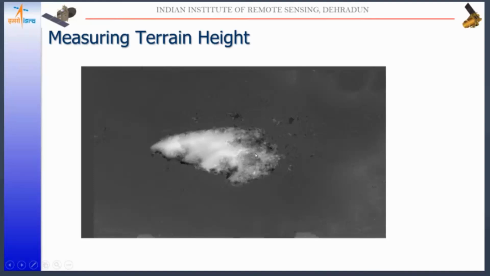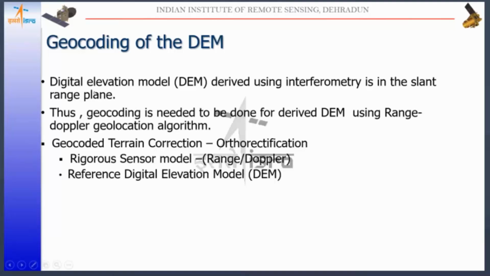Because this DEM is derived with respect to the master and slave image, that image and those orbit parameters can be used for geocoding of the DEM. So the digital elevation model derived using interferometry is in the slant range plane.